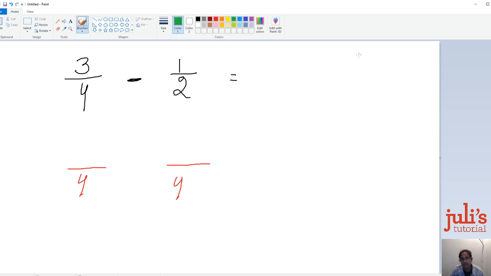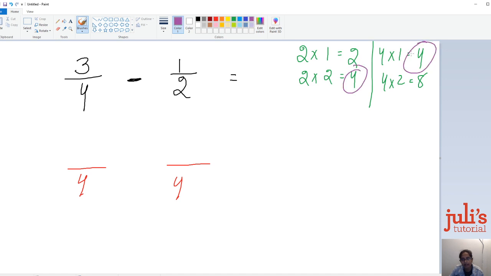If we list the multiplication table of both of them, you realize that this is our least common denominator. So in order to get from 4 to 4, you just multiply it by 1 on both top and bottom, and it stays the same.